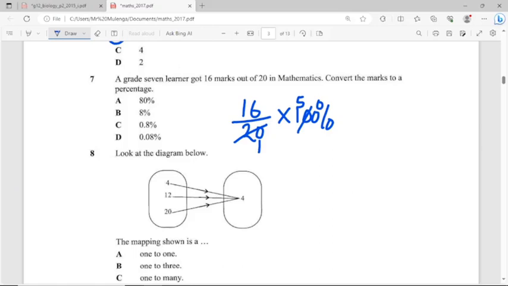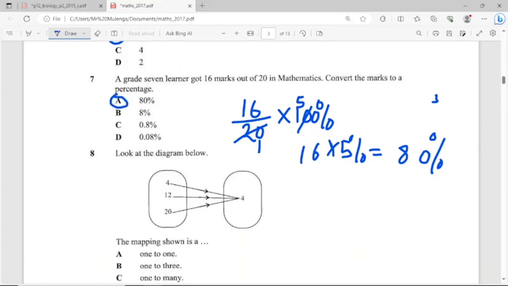Okay, so you are remaining with 16 times 5%. So when you multiply 16 times 5%, 5 times 6, it's a 30. You write a 0, you carry a 3. 5 times 1 is 5, plus 3, 8. So you are going to get 80%. So your answer here is only A.